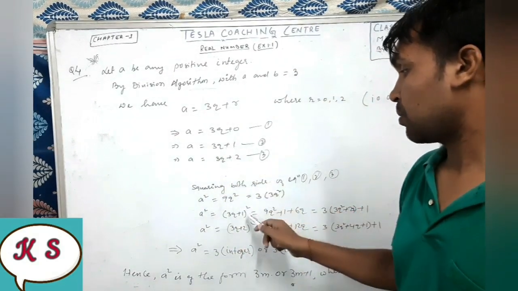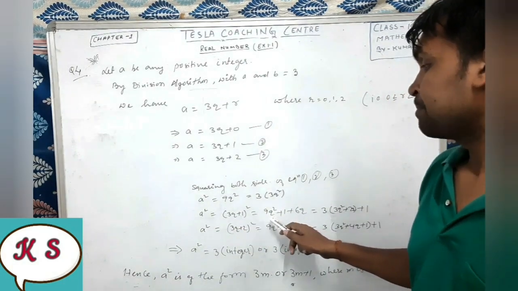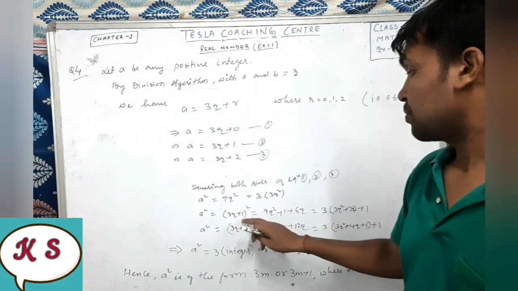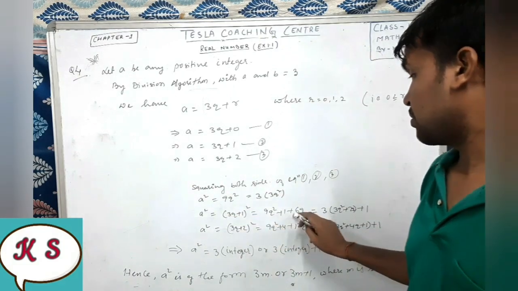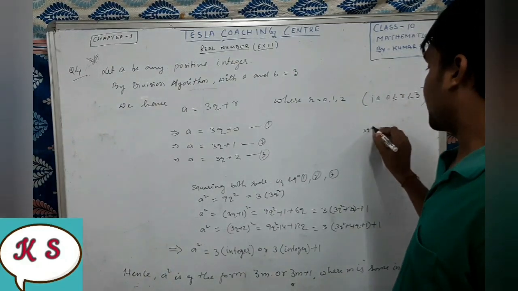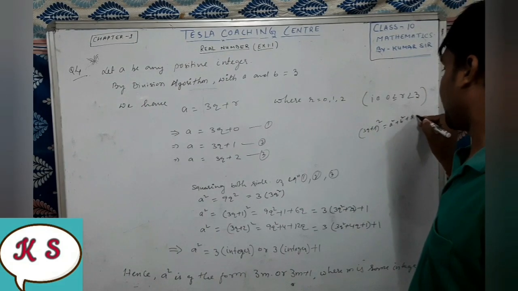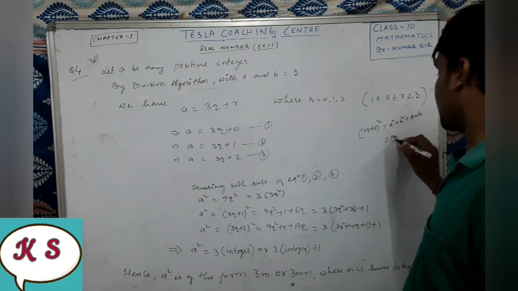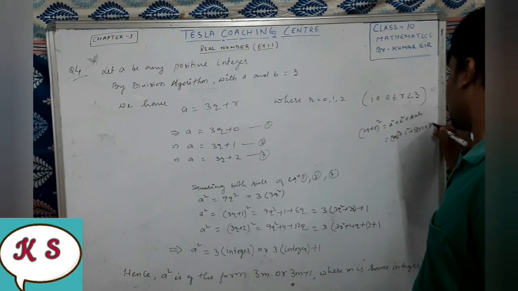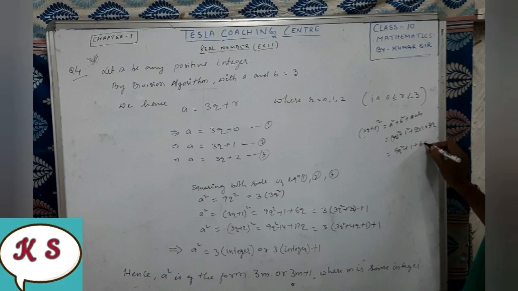Then next one, a square will be equal to 3q plus 1, the whole square. So we are using the formula a plus b the whole square, which equals a square plus b square plus 2ab. So a is 3q, so 9q square, plus 1 square is 1, plus 2 into 1 into 3q, which is 6q.